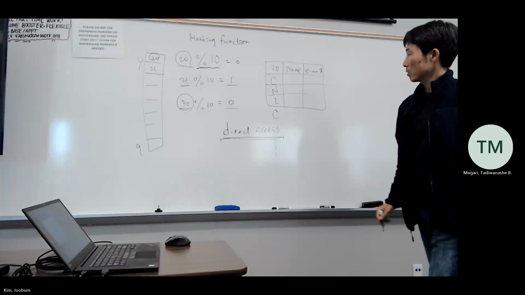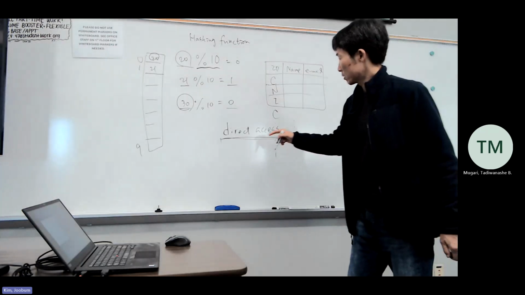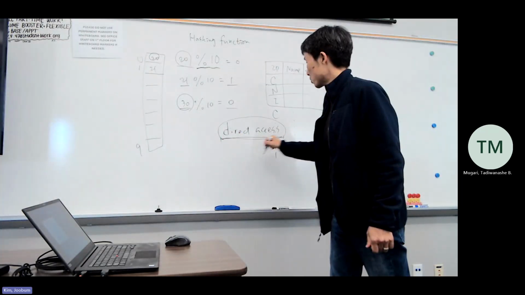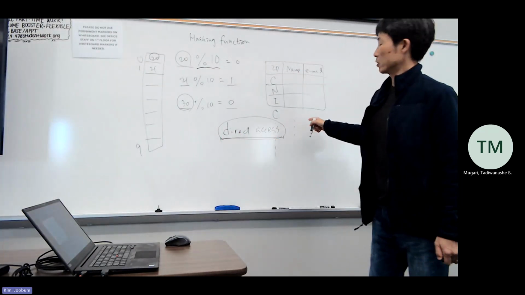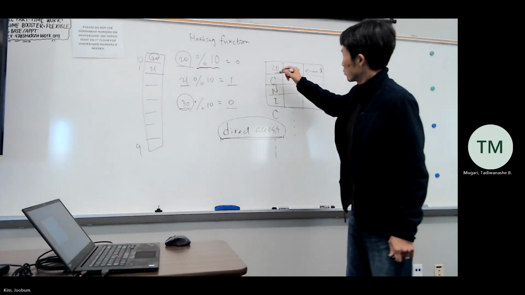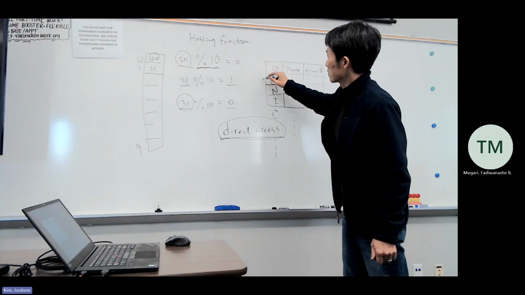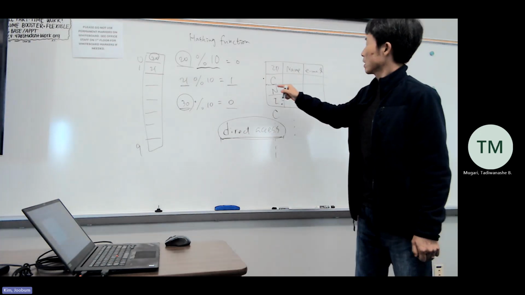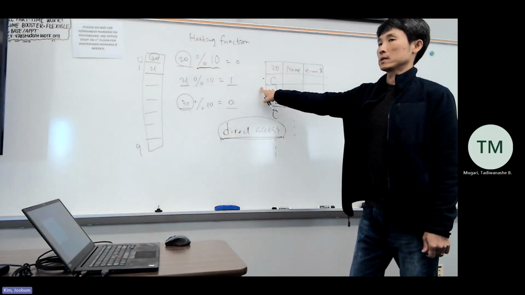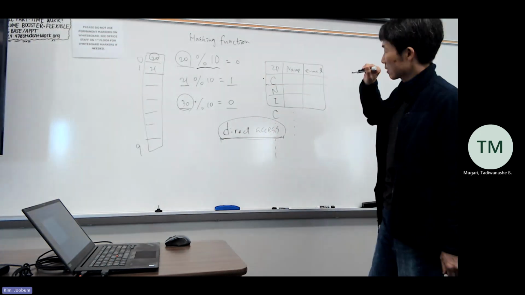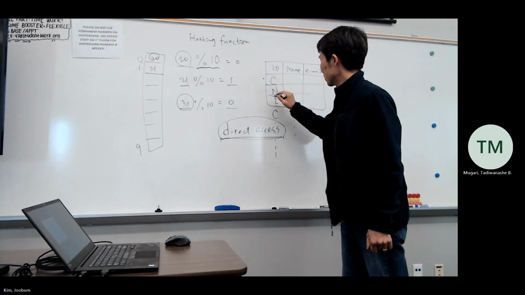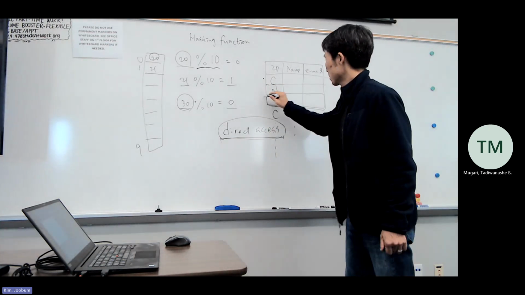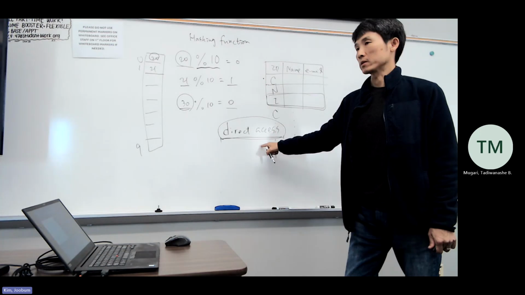So if direct access is supported in your database, we don't have to search from the beginning. That means sequential searching, we don't need that. We can just pinpoint the record that we want. That is called direct access.